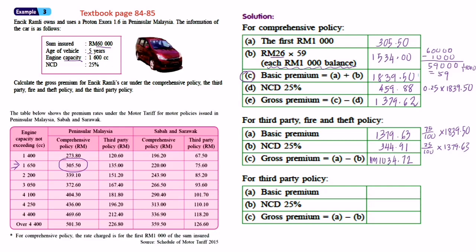So now we are going to learn how to calculate the third party policy. The basic premium is based on the table. So you refer to here. The capacity of the car not exceeding 1,650, so for the third party policy, the charge is 135 ringgit.